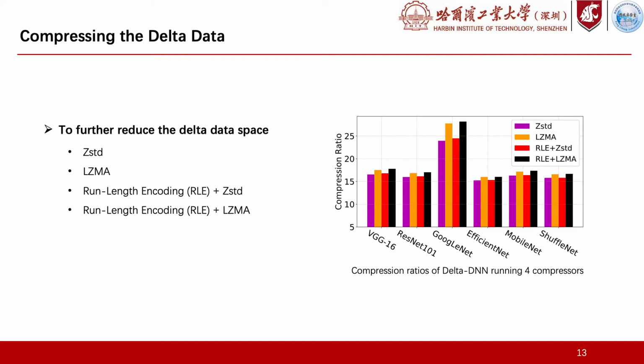As the figure on the right shows, we find that the hybrid approach combining run-length encoding and LZMA achieves the highest compression ratio on all 6 DNNs. Thus, we adopt this hybrid approach to compress the lossy delta data into the compressed binary file.